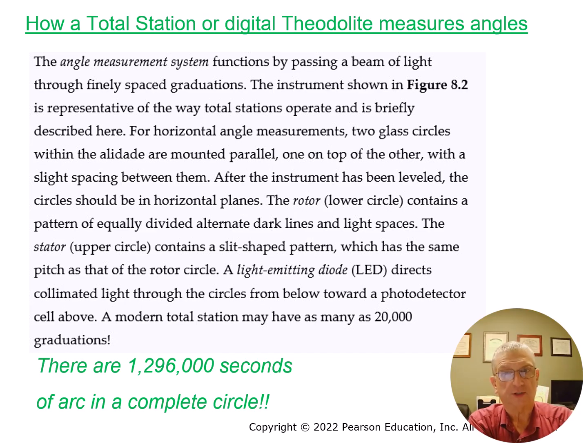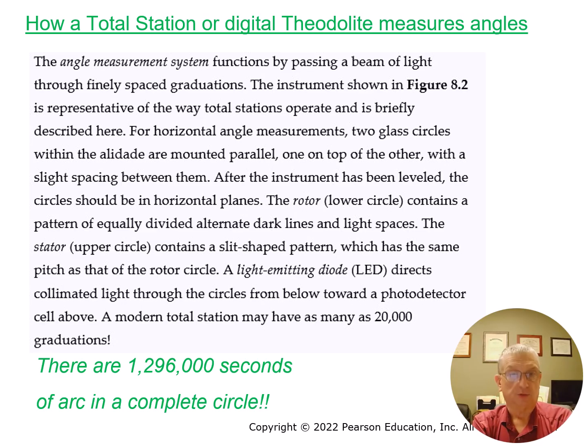And there are two sets of these, one in the horizontal circle, one in the vertical circle. So they give it some terms that I wasn't that familiar with, the rotor being the lower circle and the stator being the upper circle.